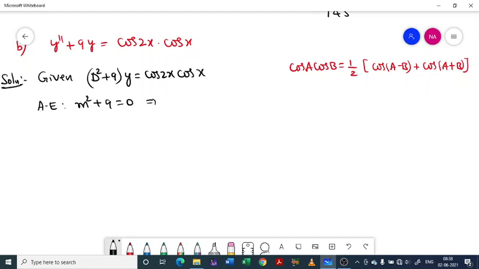So m equal to plus or minus 3i. So yc will be c1 cos 3x plus c2 sin 3x. Okay. Now to find yp.